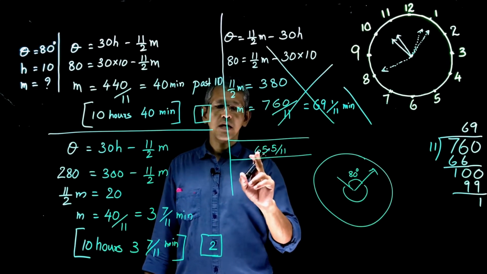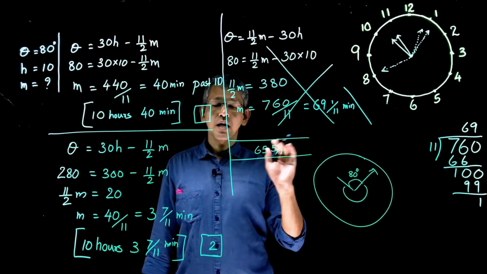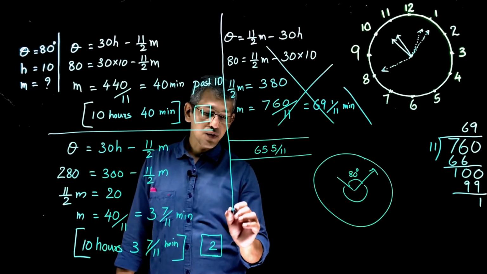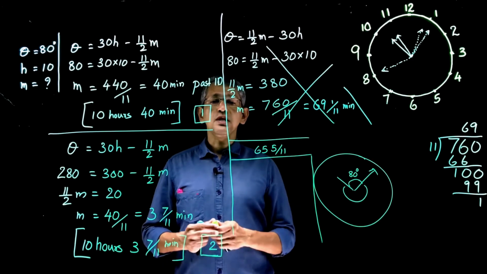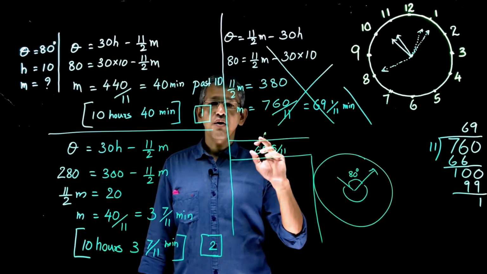So you can think about what the time gap is. Well, this would be the question. What would be the possible time gap between two consecutive coincidences of a gaining clock?